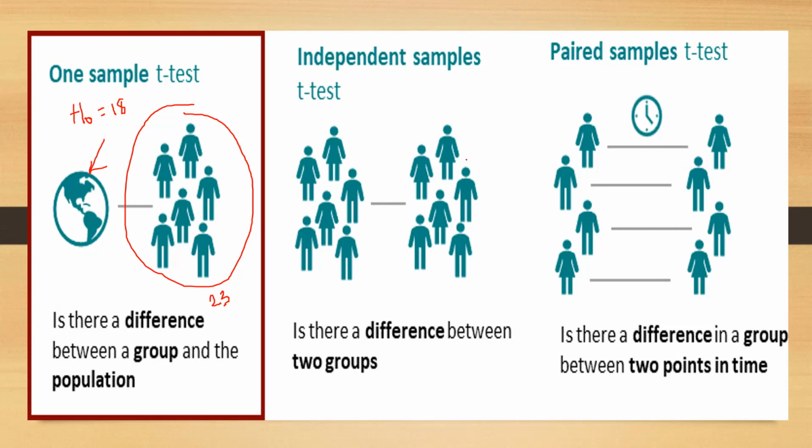While for the other category, we have the independent sample, which we describe again as the unpaired sample. In this case, we have two separate groups.